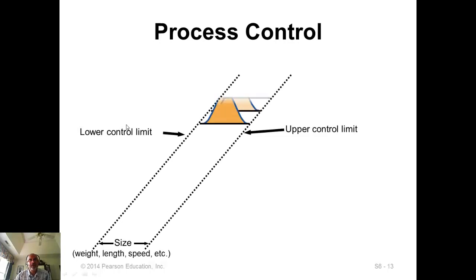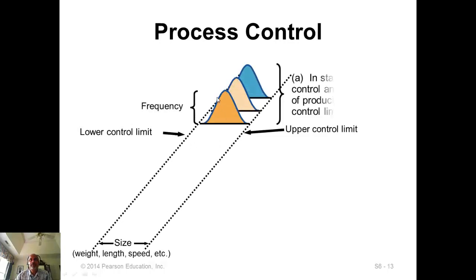Here is the lower limit and the upper limit, and if the production process is in control, you're going to see a process something like this, in statistical control and capable of producing within the control limits.